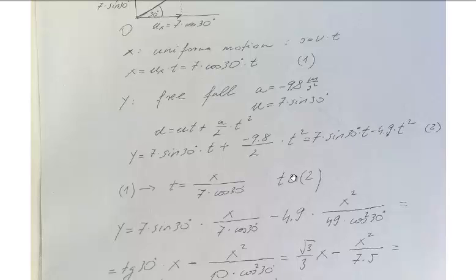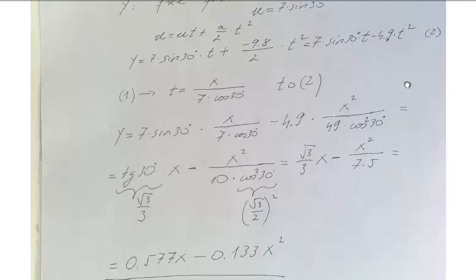Here we write this expression, so we get this equation. We can simplify with 7. Sine over cosine is tangent. Tangent 30 degrees is square root of 3 over 3.